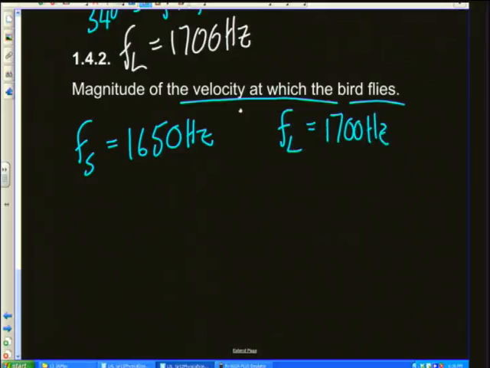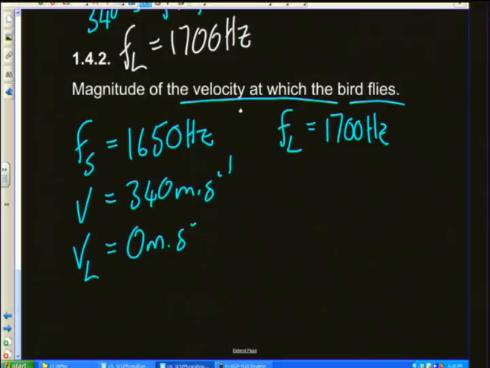We know the speed of sound, the velocity of the sound, was 340 meters per second. We know that the velocity of the listener, of the observer, was 0 meters per second. And what we've got to find is the velocity of the source, which is the bird. So how are we going to do it?